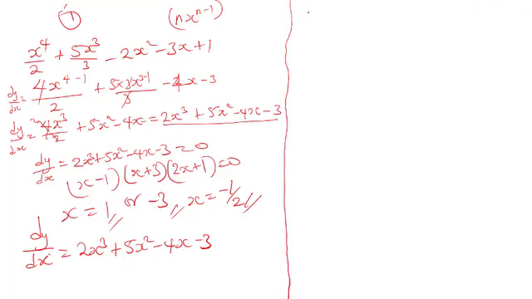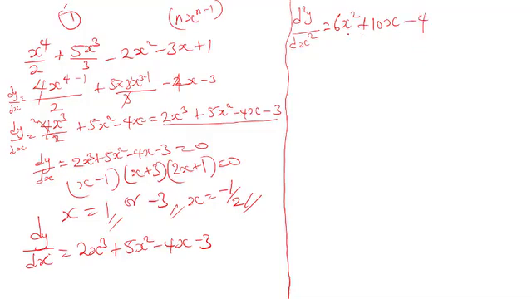So we now have d²y/dx², which is equal to, okay, let's do this together. Now our n value is 3. Look at the 3 here. We now have 2 times 3 is 6x², plus 5 times 2 is 10x, minus 4.